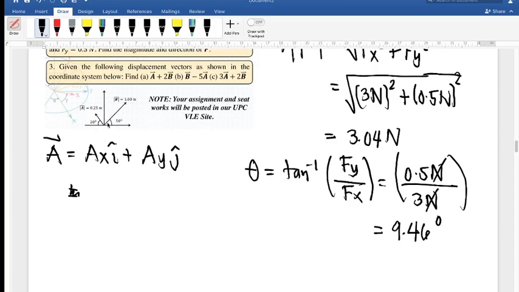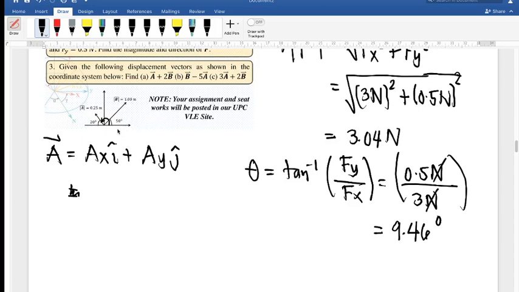So what you're going to do is make sure that you are starting from the positive x-axis. Then you have to rotate until magpo-point ito sa vector kung saan siya na-locate. So how much is that? This angle is 20 degrees, right? This forms a straight line.